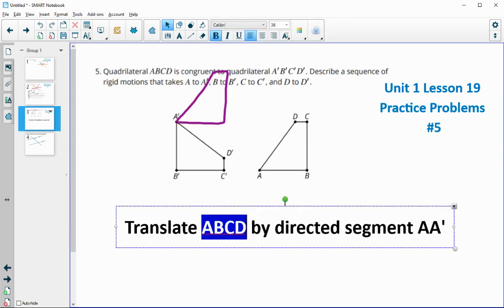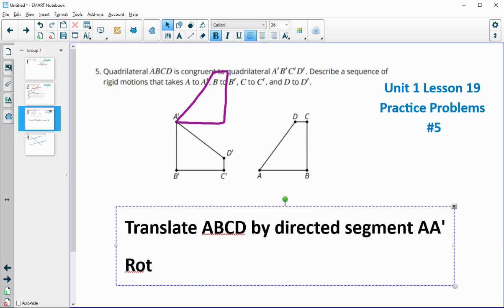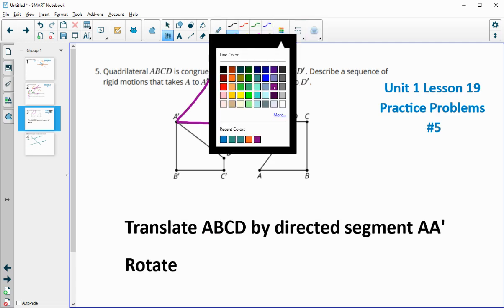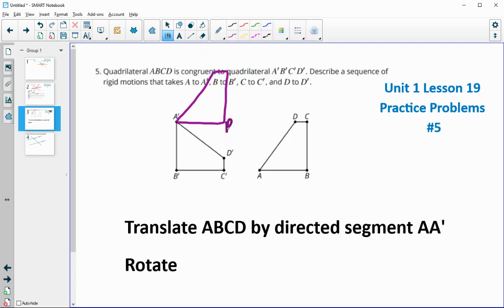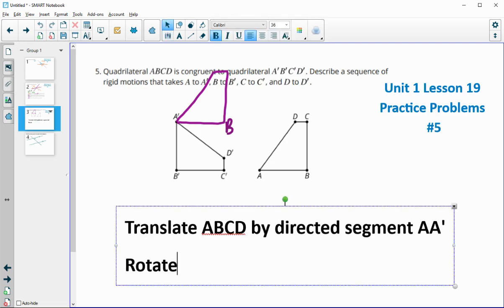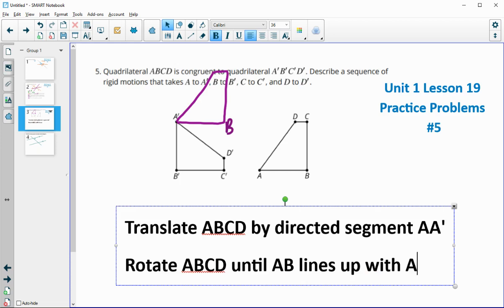Now we're going to need to rotate. If we remember what point this was, this was point B. So I'm going to say rotate that new shape, the ABCD, the purple one, until segment A prime B, or AB, lands on A prime, B prime, or lines up with A prime, B prime.